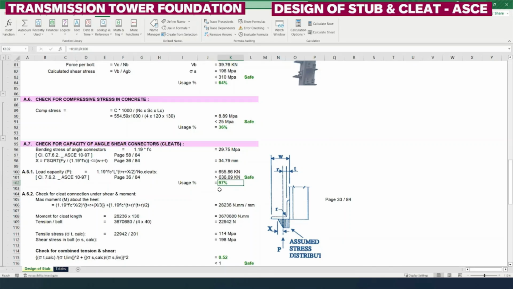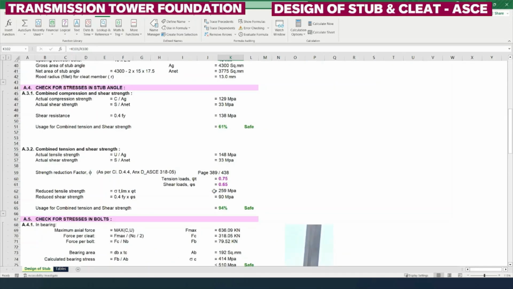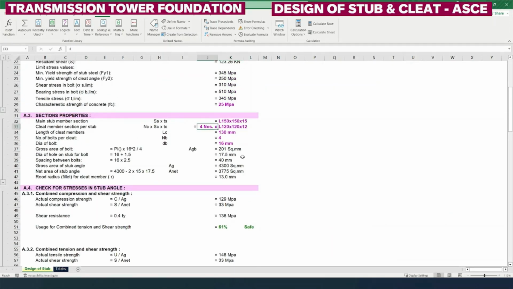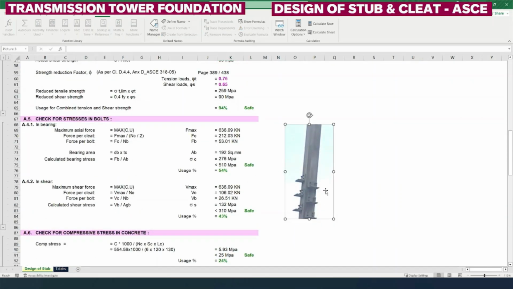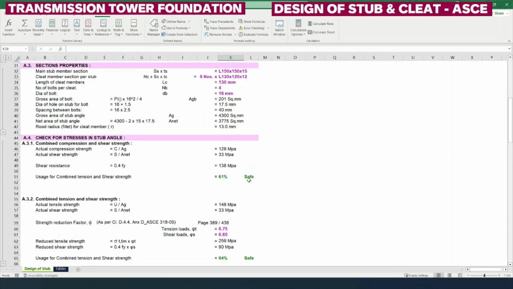So we can increase the number of cleats to reduce this. What we can do is consider 6 numbers here, as in the picture on the right hand side. So there are 6 cleats with 4 bolts connected to the stub.